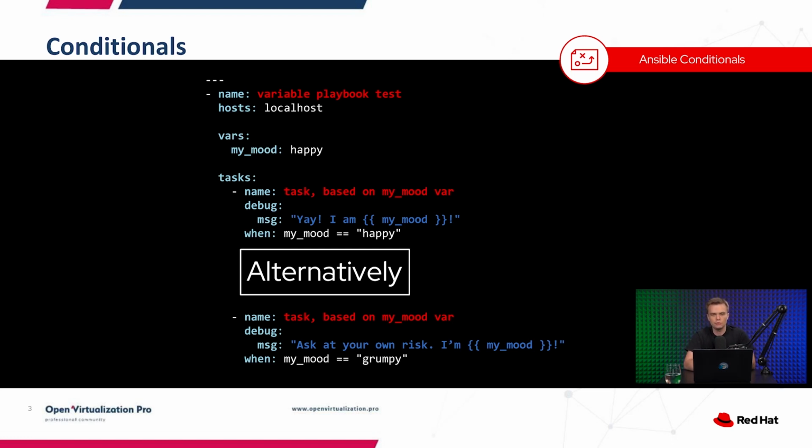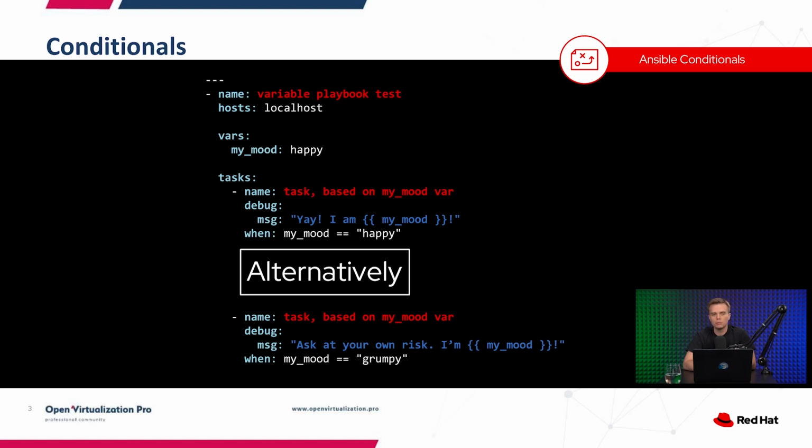I have two tasks, one after the other, with different values of this my mood variable. So it is quite common to see some set of such tasks being included or not, one after the other, inside your play.